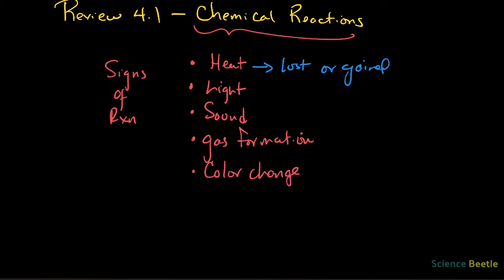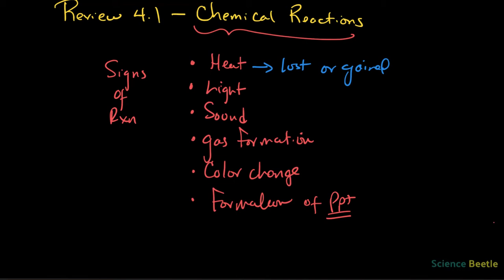And so color change is also important in that identification. And then one of the key ones here that was useful in the previous section was the formation of a precipitate. And I'm just going to abbreviate that as PPT for precipitate. So these are the things that will tell you that you actually have a chemical reaction that actually occurred.